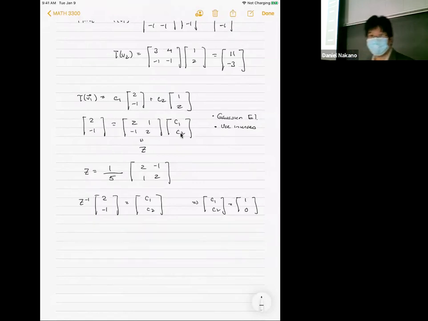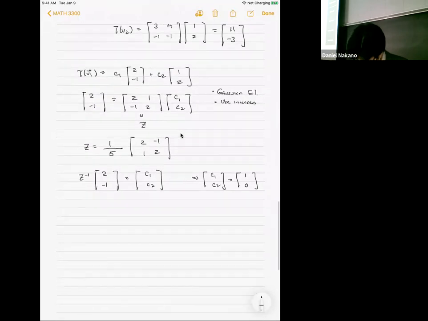It makes sense because you have (2, -1) equal to C1 times (2, -1) plus C2 times (1, 2). So you can set C1 to be 1 and C2 to be 0, and the solution is unique.